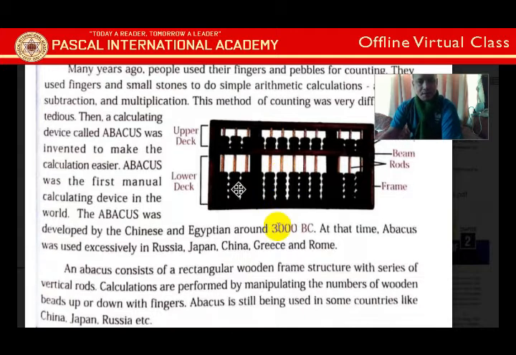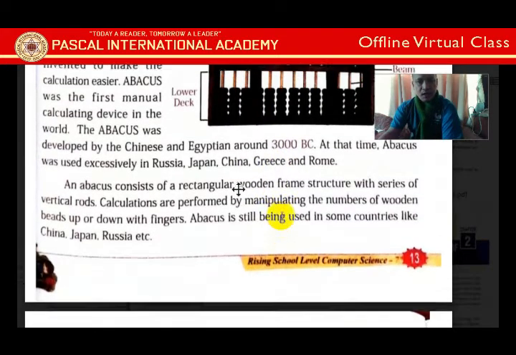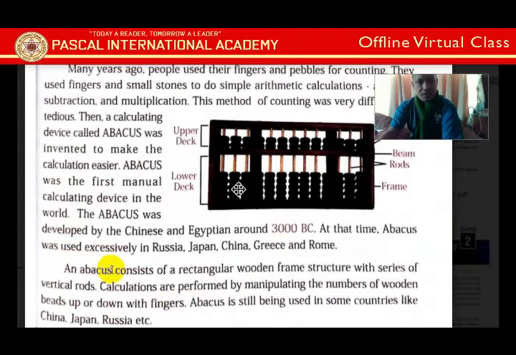Now let's see what the Abacus is exactly. An Abacus consists of a rectangular wooden frame with a series of vertical rods. Vertical rods means these: 1, 2, 3, 4, 5, 6, 7, 8, 9, 10, 11.